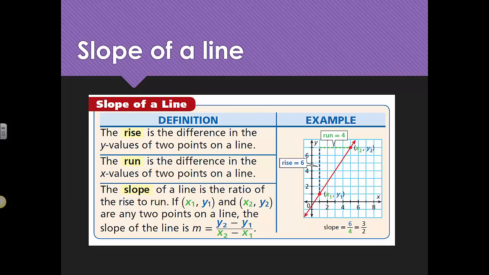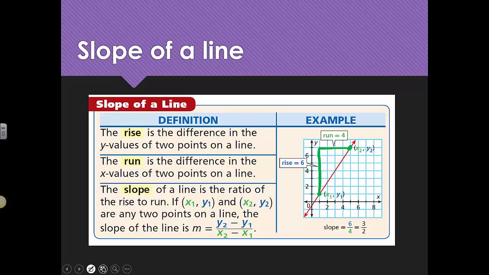If you choose one point on the line, x1, y1, and another point on the line, x2, y2, the rise is the change in the y values, how far you go up or down. And then the run is the change in the x values, how far you go over. If you do the ratio of the rise to the run, that's what gives you your slope.